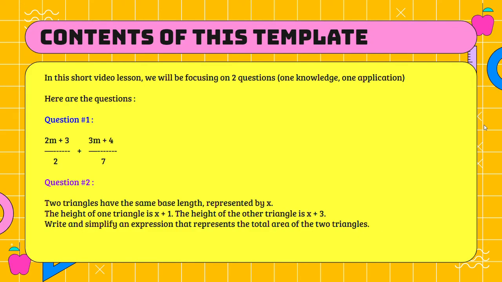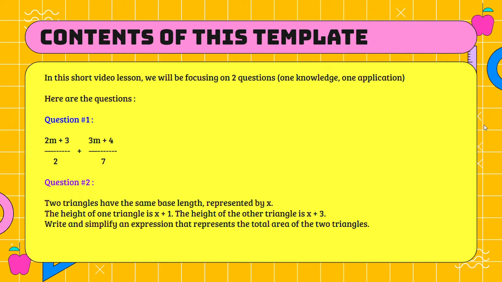So in this short video lesson, we will be focusing on two questions that I mentioned before. One will be knowledge and one will be application or word problems, problem solving, whatever you want to call it. So question number one is a knowledge question.